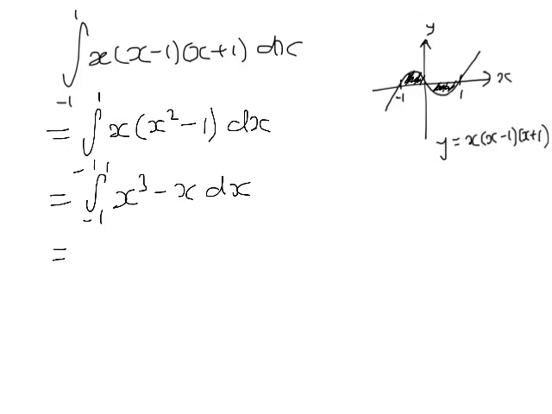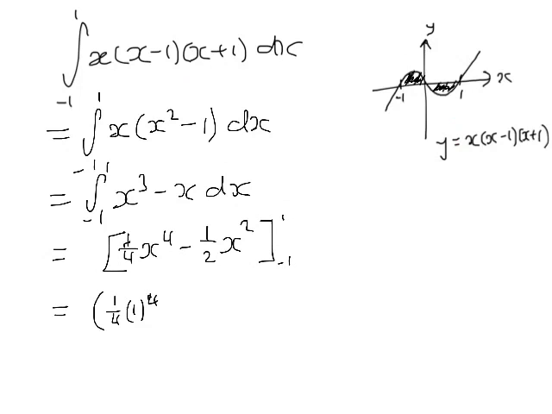So if we integrate x cubed minus x, we get a quarter x to the power 4 minus a half x squared. And our bounds are -1 and 1. So we're going to evaluate this at 1, and we're going to subtract the value of this at -1.